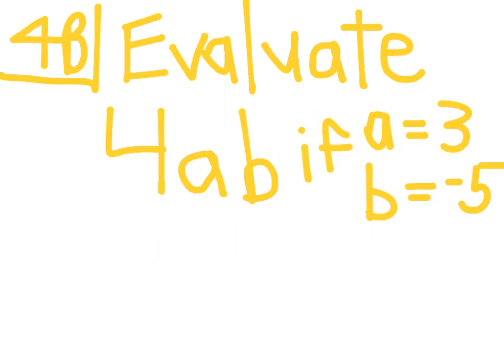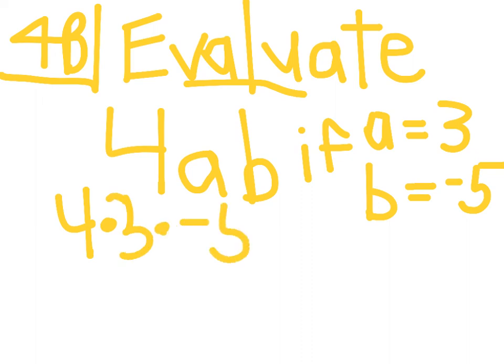And 4b, it wants you to evaluate. So this one's a little bit different. You're finding the value. Evaluate 4ab if a is 3 and b is negative 5. So first thing we do is write 4ab, and then we start plugging things in. So a is 3, so it's 4 times 3, and then we're multiplying by b, so we're multiplying by negative 5. It's just 4 times 3 times negative 5.